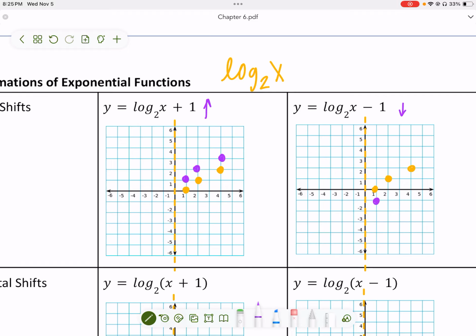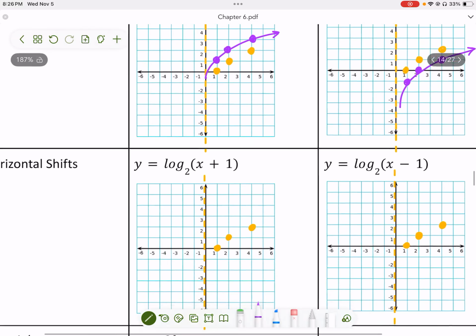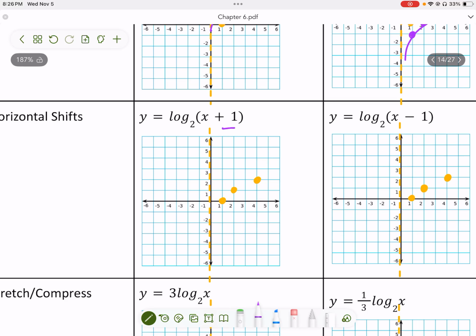Okay, notice that my asymptote is not affected because vertical shifts make no impact, whereas shifting left and shifting right will impact my asymptote. That is an important thing to pay attention to.